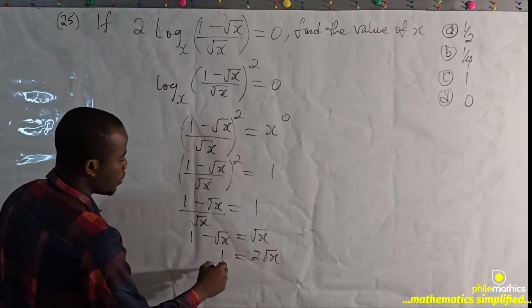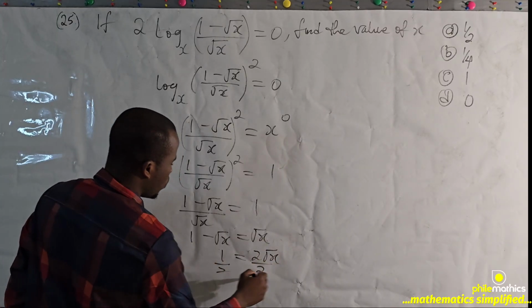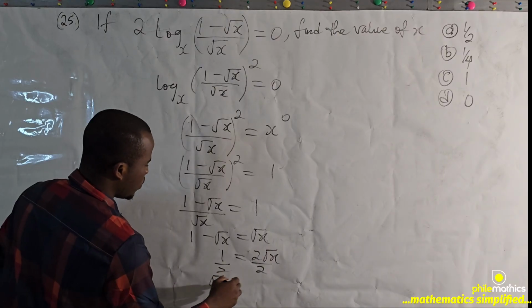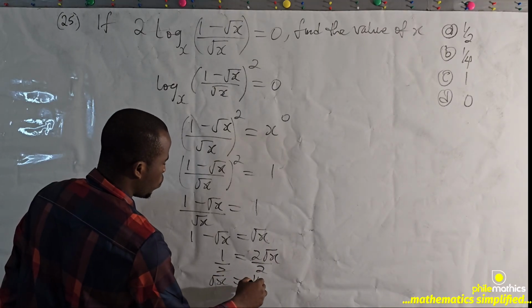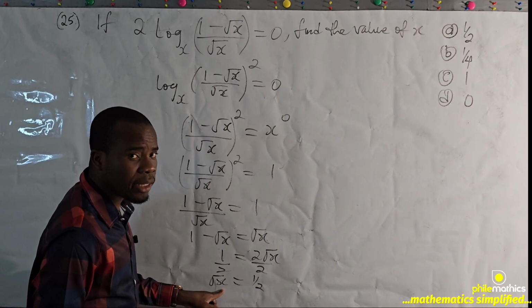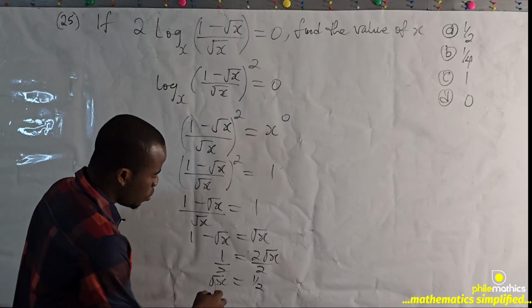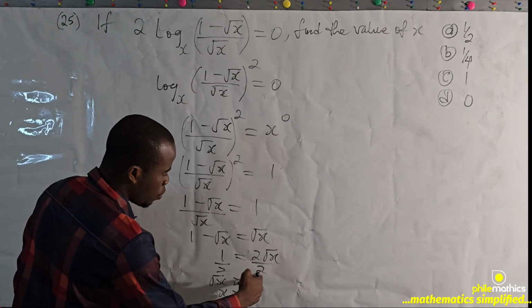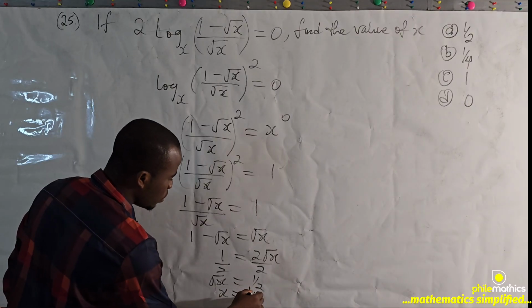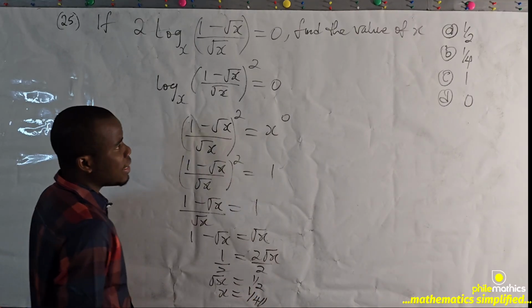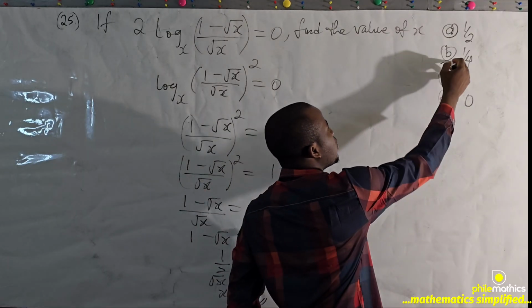I can divide both sides by 2, so that my root x is 1 over 2. But what I'm looking for is x, not root x. So I take the square of both sides to get my x as 1 over 2 squared, which is 1/4. And that is B.